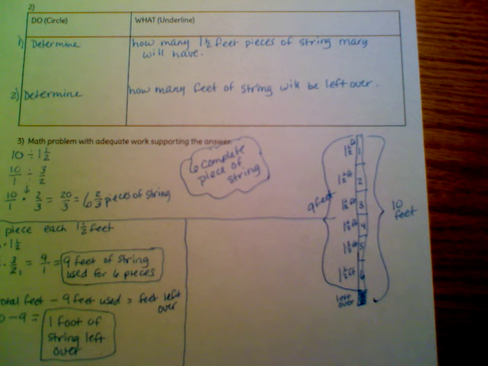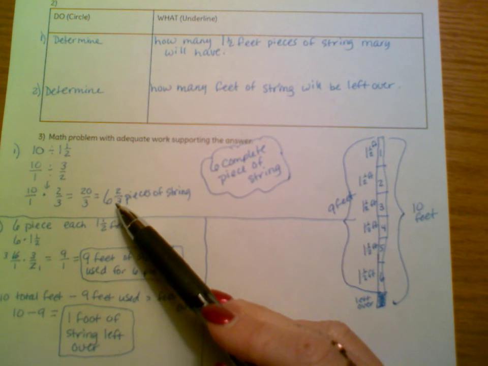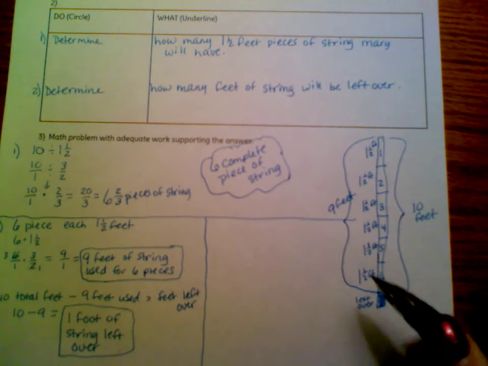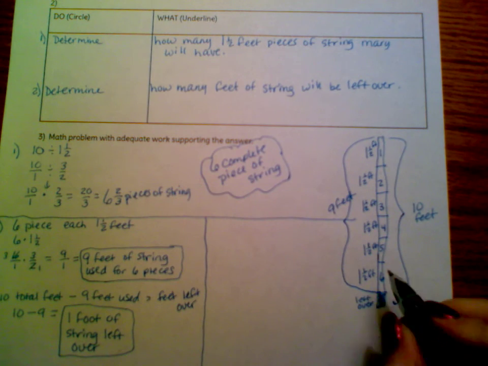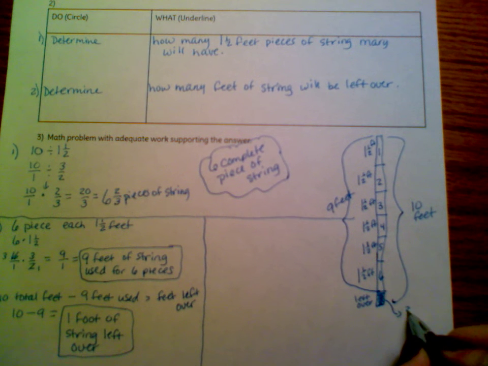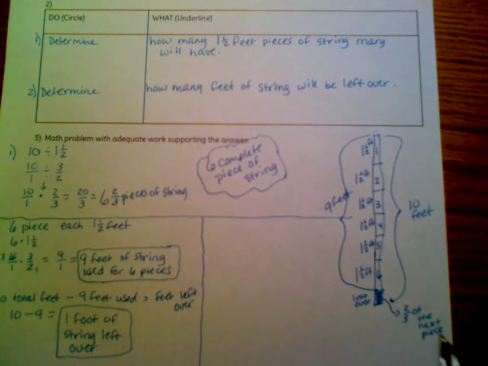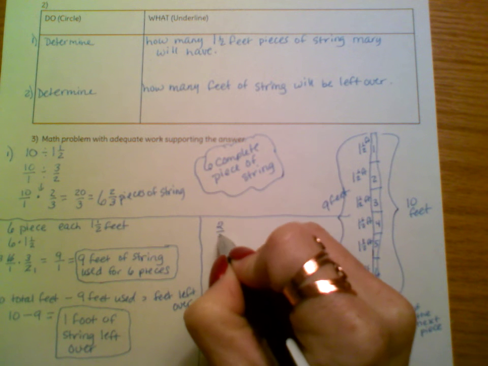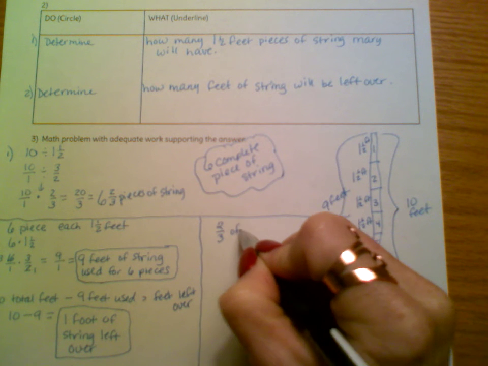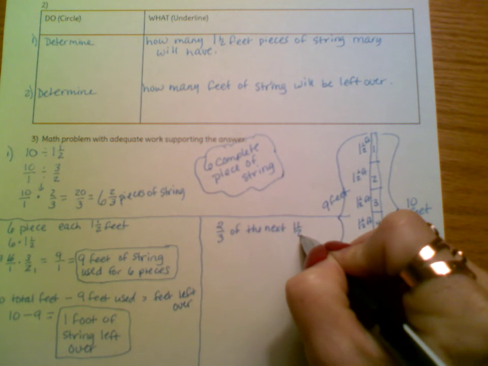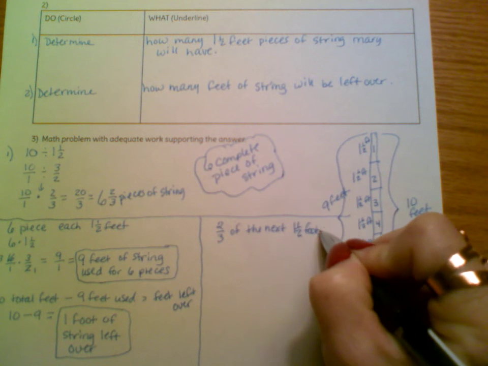Okay, another way to get that is when I found out that this was 6 2/3 pieces of string I can cut from here, that means this little piece here is 2/3 of the next piece. But I wasn't able to get that whole next piece. So I'm going to write that. That's 2/3 of the next 1.5 foot piece.